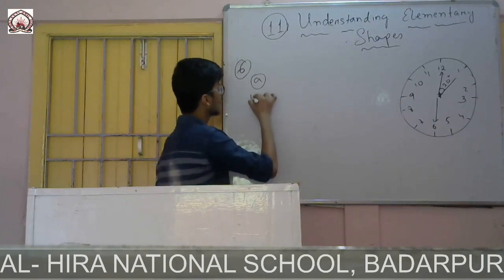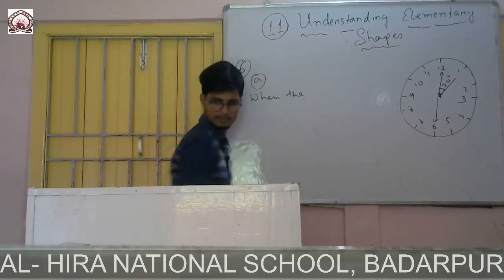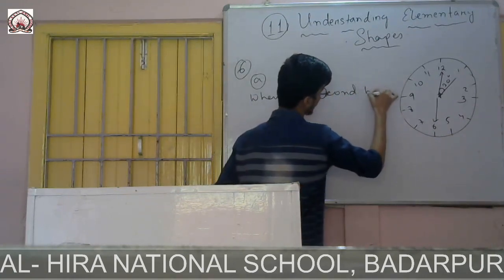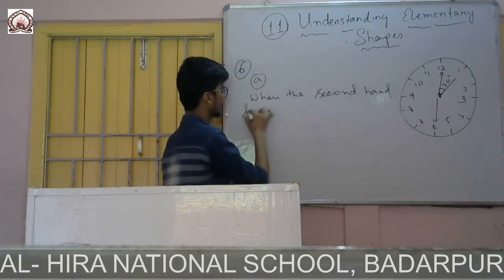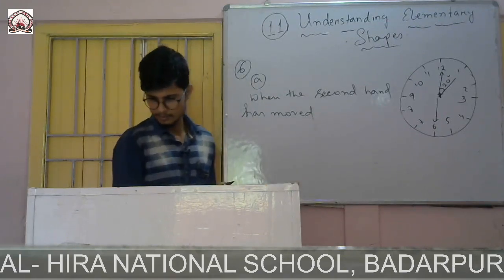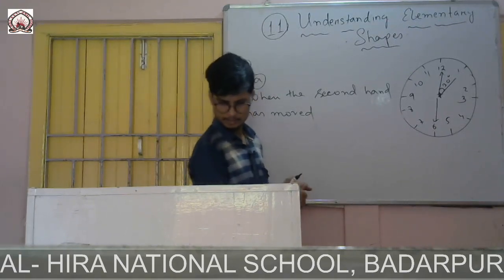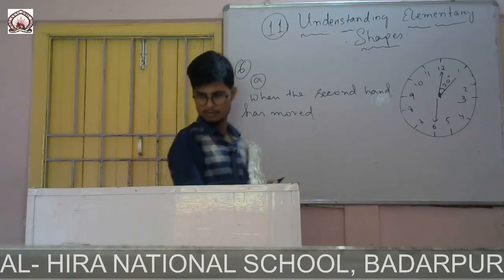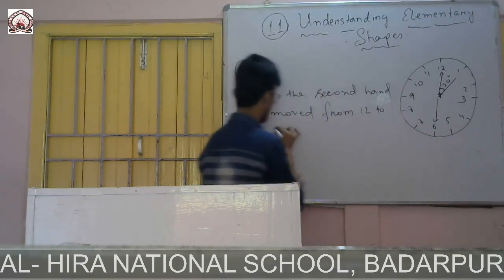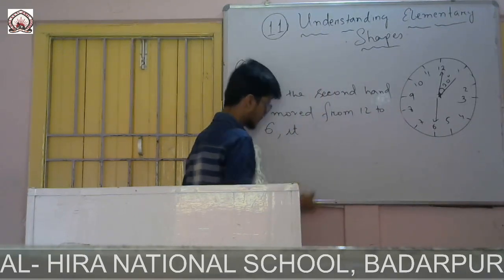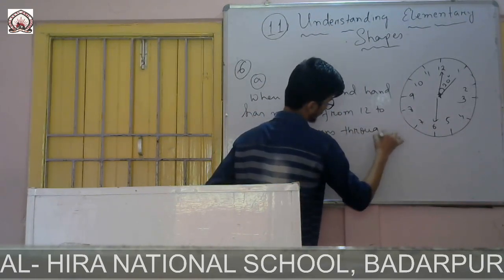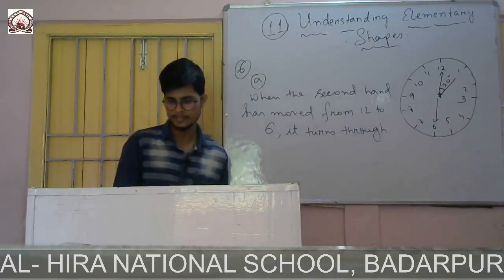So you write, when the second hand has moved from 12 to 6, it turns through how many degrees?